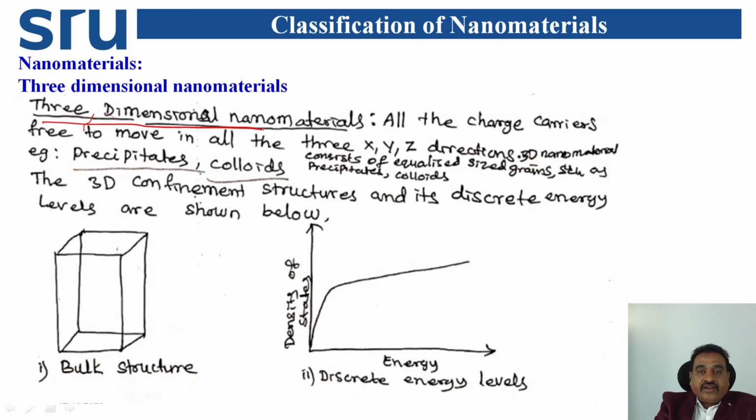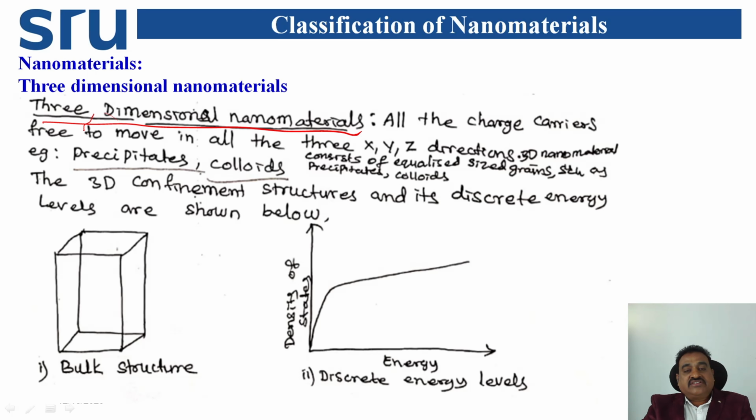Three-dimensional nanomaterials. All the charge carriers are free to move in all the three XYZ directions, that is three dimensional. Example, precipitates, colloids.